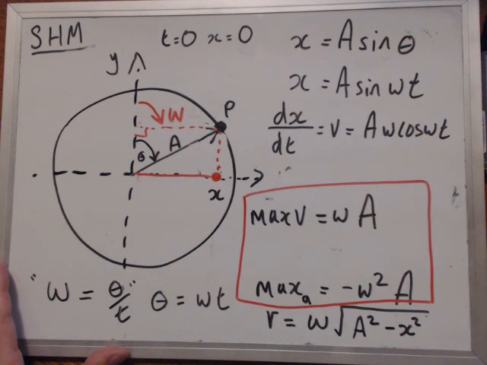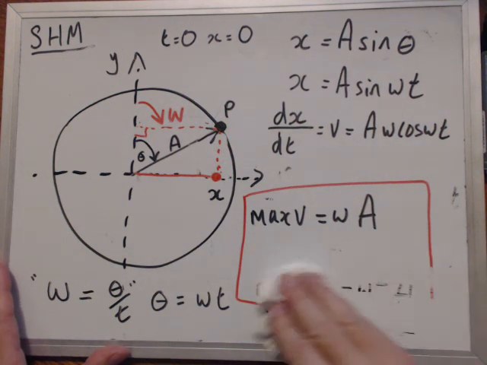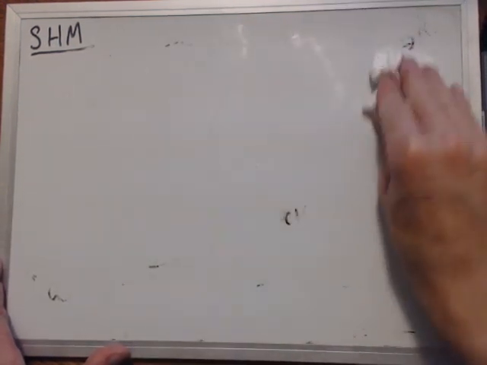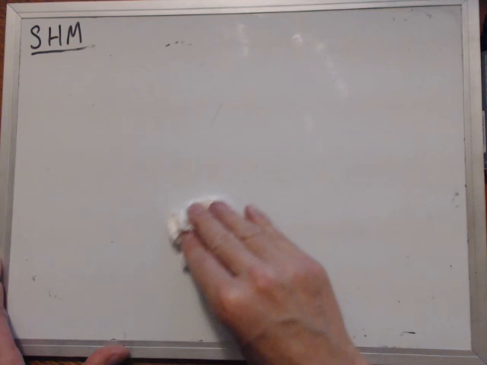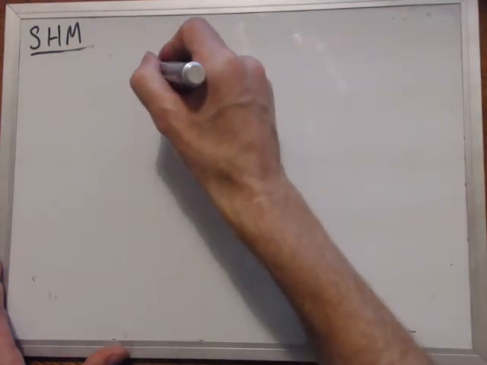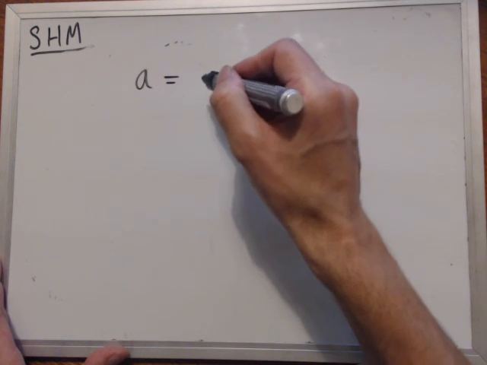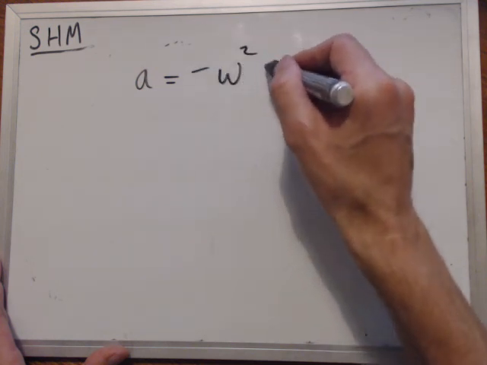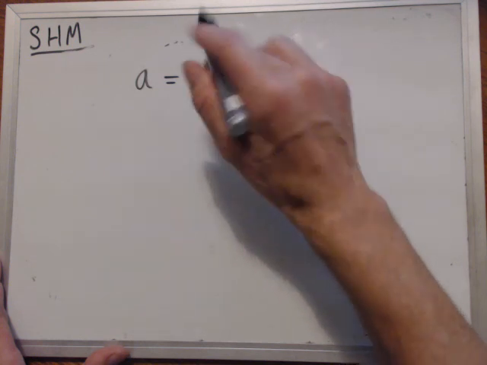Okay, now we'll go a little bit further. We'll derive another equation using the fact that acceleration is equal to minus omega squared x. From this little bit of derivation, we found that the acceleration is equal to minus omega squared times x.